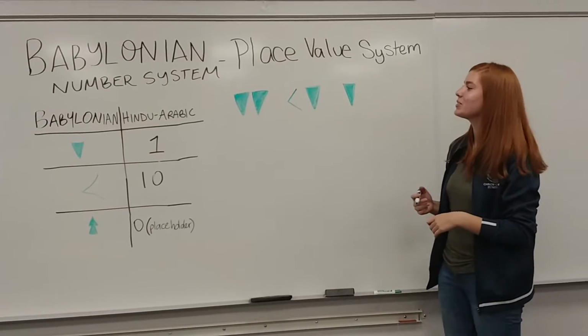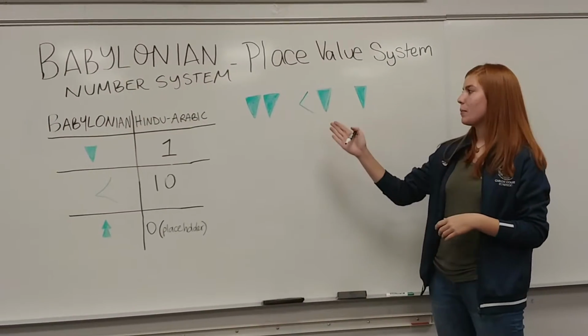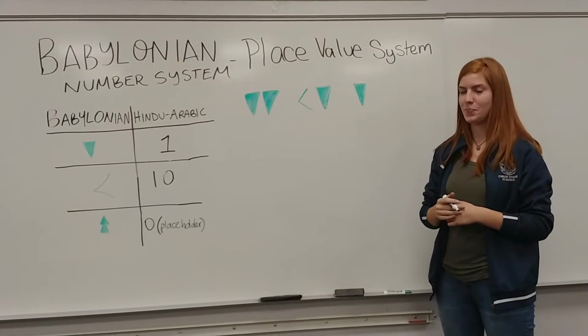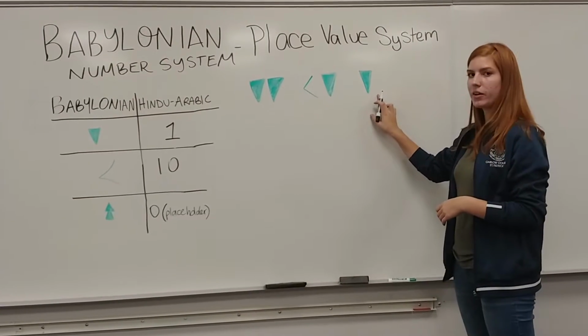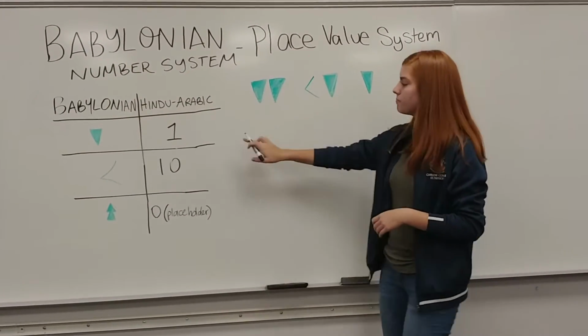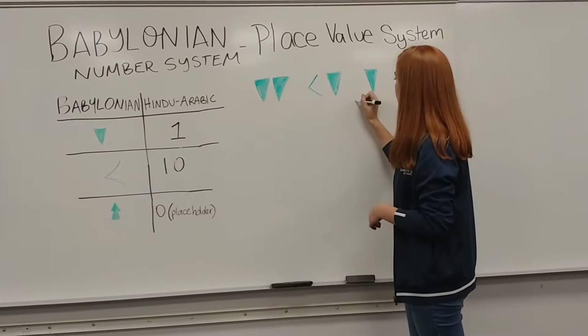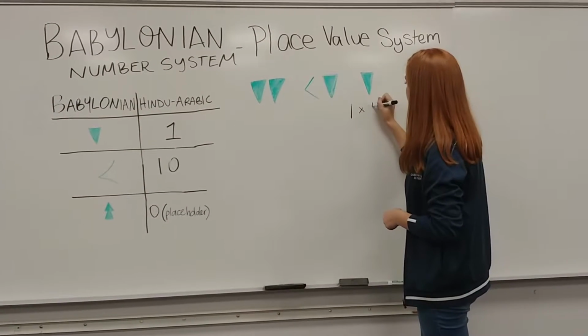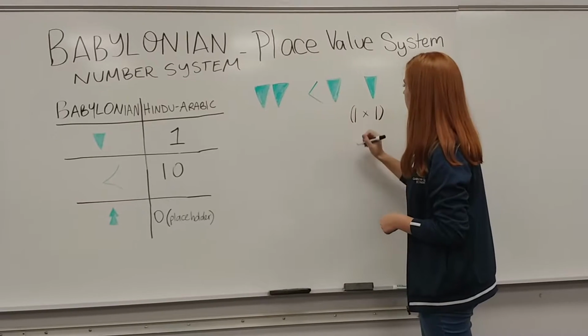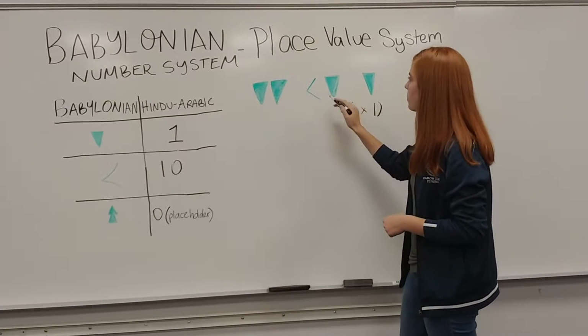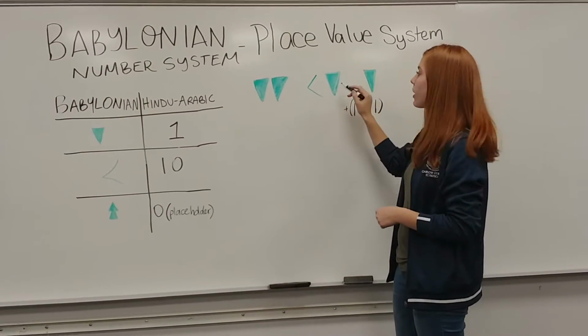I'm going to show you how to convert a number from the Babylonian system to the Hindu Arabic system. We'll start with the first place value, which is a triangle, so that represents 1. Because it's the first place value, we will multiply it by 1. In the second place value, we have a less than symbol and a triangle.